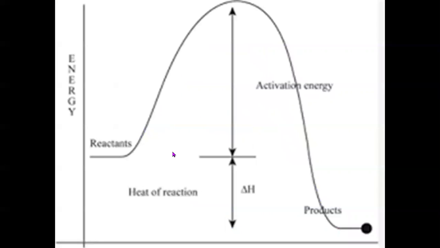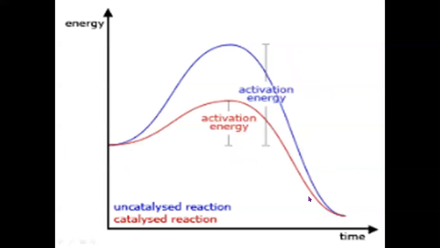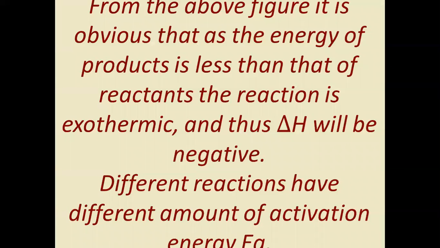As I told you, in this case, reactant molecules possess more energy than the molecules of product. Therefore, they will release some energy during the process, and hence this is called an exothermic reaction. And delta H for this type of reaction is negative. And if the reaction is endothermic, then delta H will be taken as positive because it absorbs the energy.